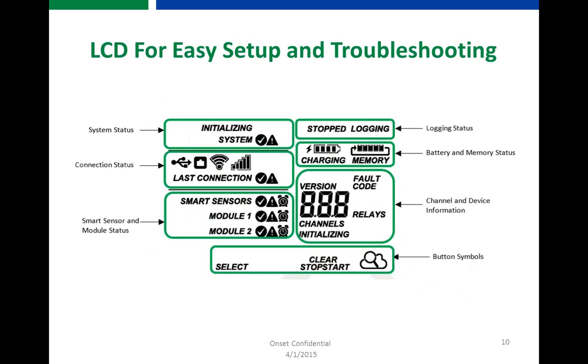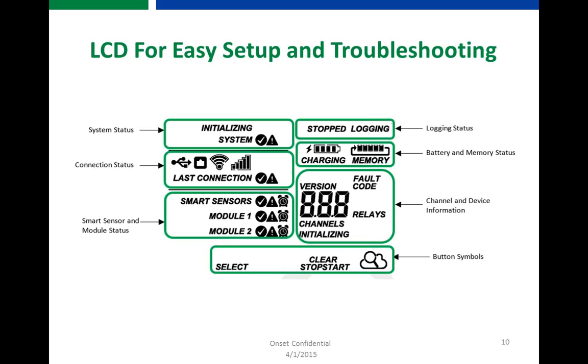So speaking of that LCD, I'll just talk through the various areas of the LCD. First, starting in the upper left corner here, you'll immediately see that we have some information regarding the system status. A check mark in any of these areas of the LCD signifies that everything is operating fine.